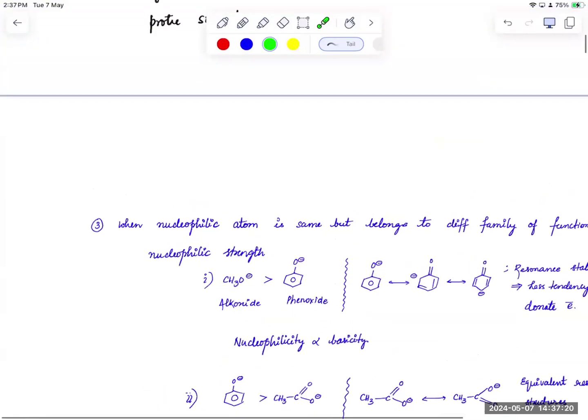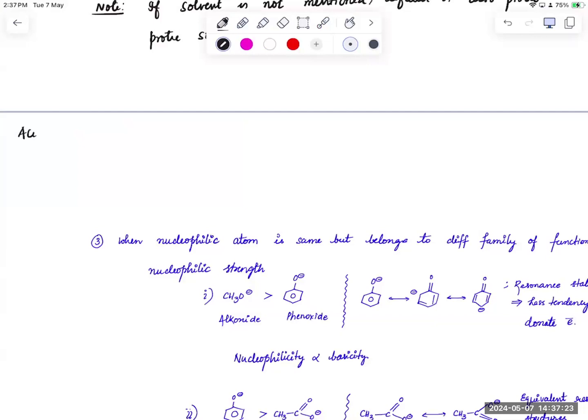Let me tell you, when it comes to acidic nature, first, alkanes will have the least acidic nature, RH or RCH3, correct? Then we will have alkenes, RCH double bond CH2.